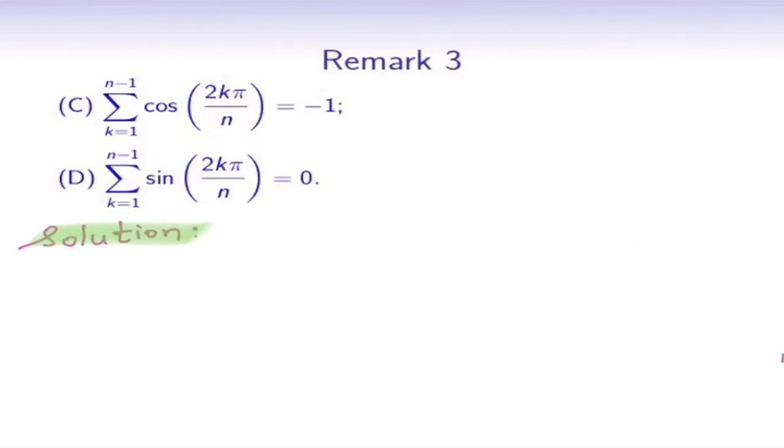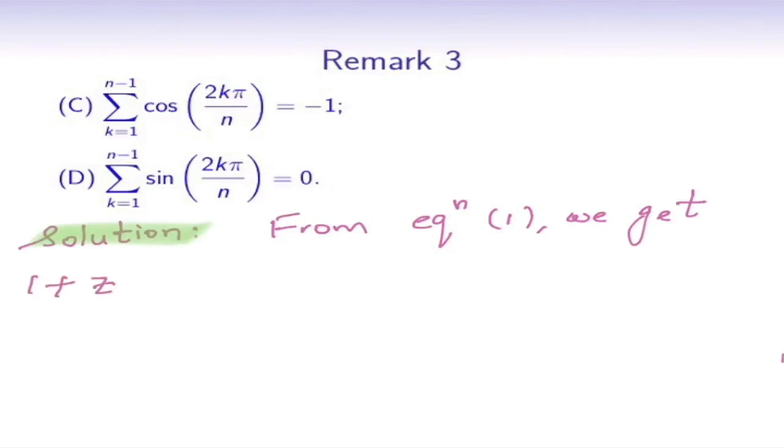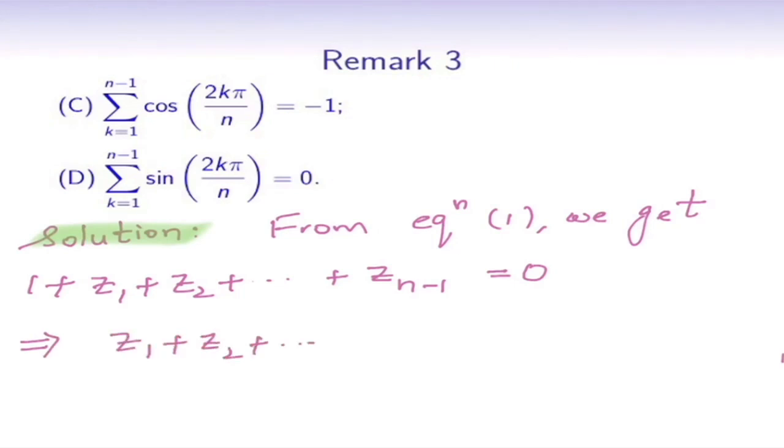So from equation 1 we get 1 plus z1 plus z2 plus and so on up to zn minus 1 is equal to 0. This implies that z1 plus z2 plus and so on up to zn minus 1 is equal to minus 1.